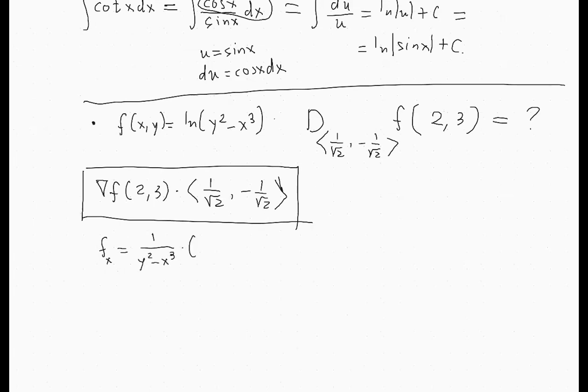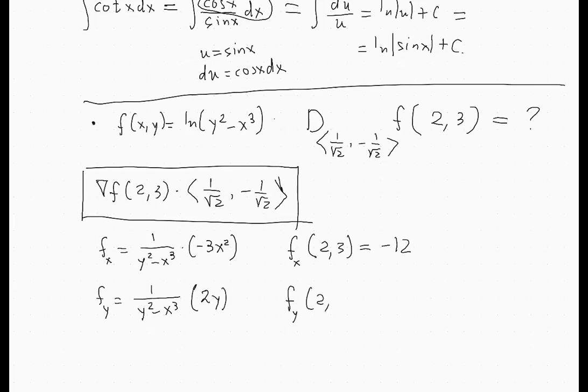And this means that f sub x of 2, 3 is negative 12, and f sub y is equal to 1 over y squared minus x cubed, I'm sorry, times 2y. And f sub y at 2, 3 is equal to 6.